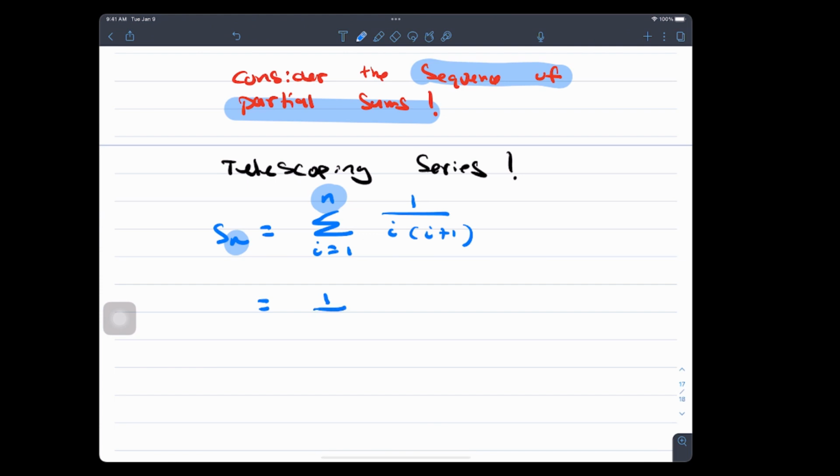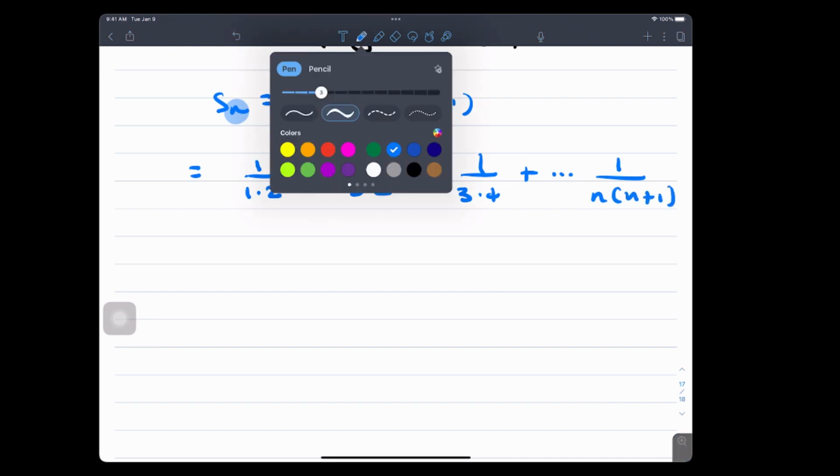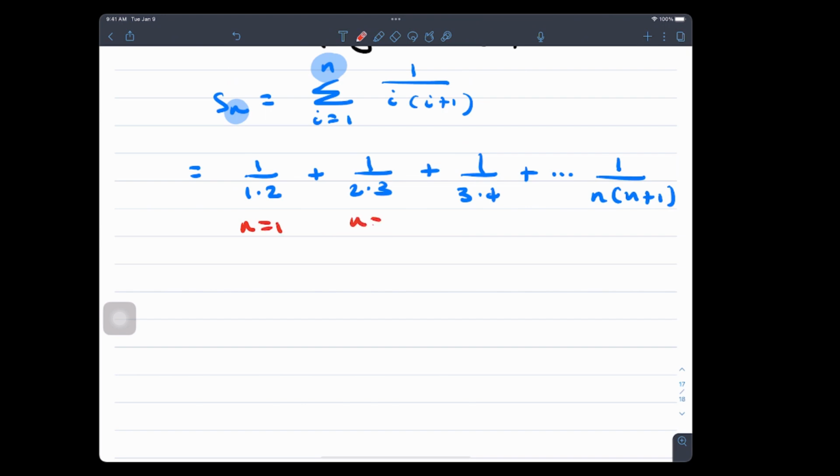This is going to be 1 over 1 times 2, 1 over 2 times 3, 1 over 3 times 4. Now, this is not going on forever. This ends at 1 over n times n plus 1. This is where n is 1, this is where n is 2, n is 3, and this is just where n is n.